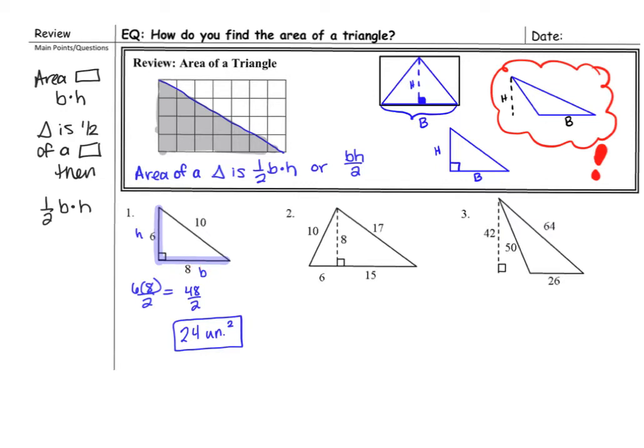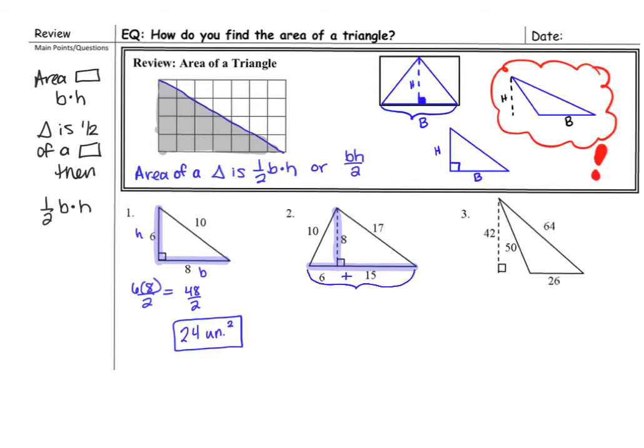So let's look at number 2. The triangle for number 2 looks very similar to this example up here. We have a base that goes along the bottom, and the height is represented by that dotted line. When we're looking at the base of the triangle, you're going to want to add the 6 and the 15 together.